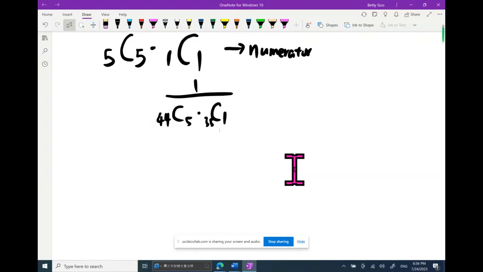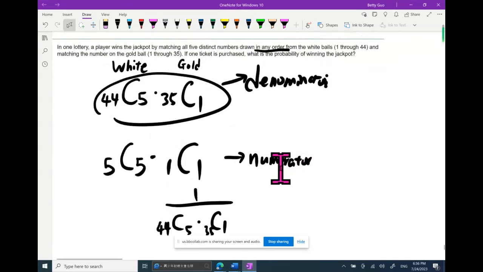Yeah, that is C(44,5). It's already very large. And then multiply that number by 35.